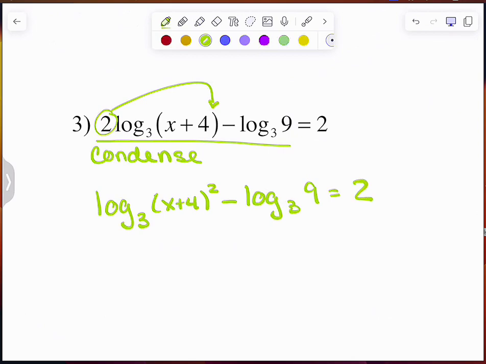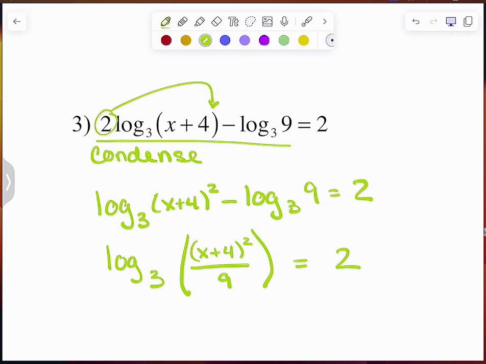And then I combine logs that are being subtracted, exponents that are being subtracted came from values that were being divided. So I have log base 3 of x plus 4 squared divided by 9 equals 2. I am definitely not done, but I'm pausing.